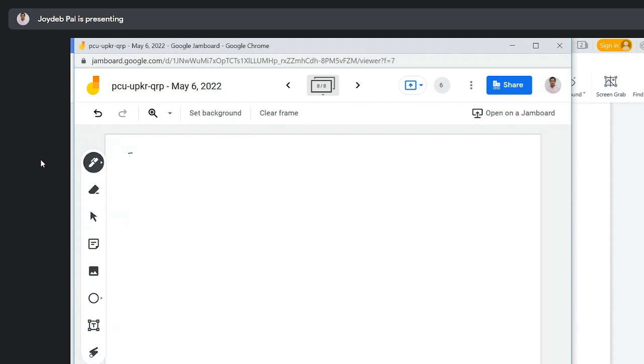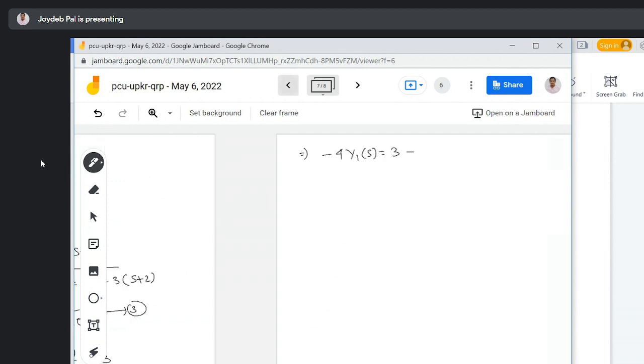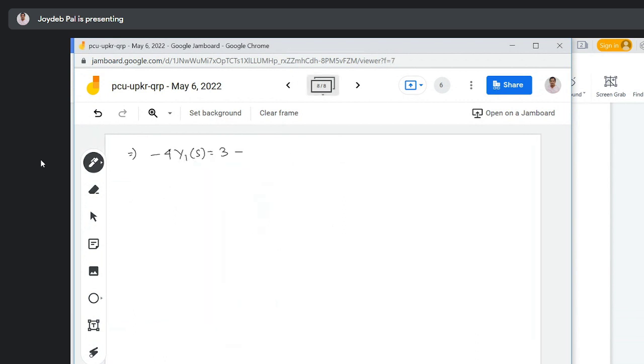Therefore, -4 y1s equals 3 minus (s plus 1)(3s plus 22) divided by (s square plus 3s minus 10). Now simplify and find what is y1s.